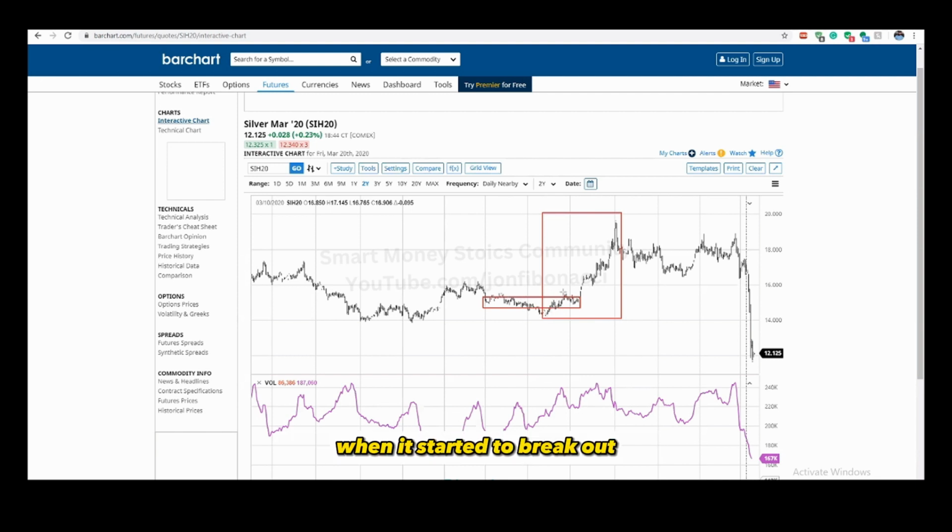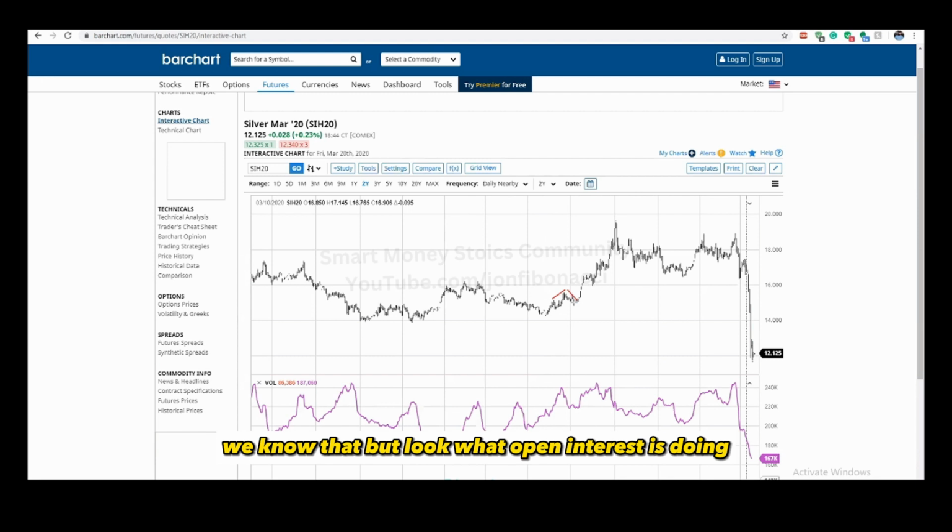When it started to break out, right? You guys can see that. It was this breakout right here, right? That's a higher high, is it not? Market's going higher. So look what happens when price retraces. Obviously, price is retracing. We know that, but look what open interest is doing.